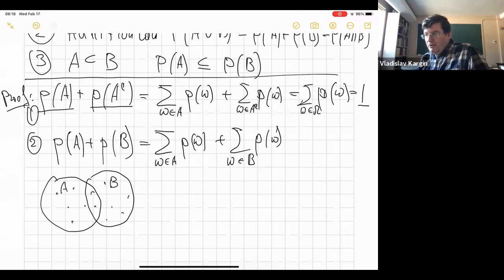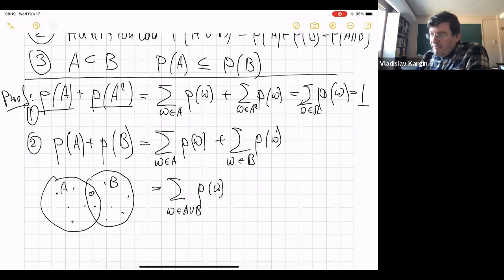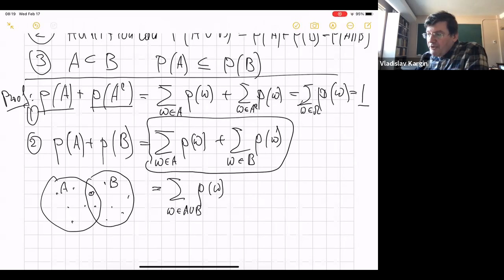When you take this sum, you'll cover all outcomes in the union, right? So everything in the union of A and B is covered. So it's equal to the sum of the probabilities for every outcome in the union of them. But if you do this big sum, you see that some of the outcomes are both in A and B, so some of them are inside the intersection.